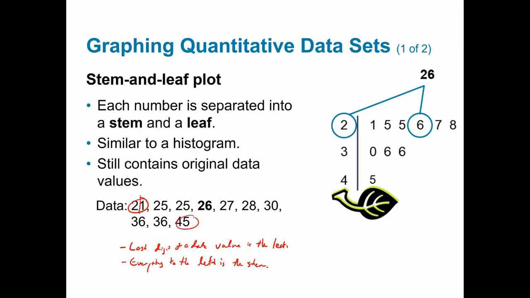You split it up, so whatever the last digit is, and you want everything to have the same number of decimal places. So if something was, say, 30.6, then everything in the tenths position would be my leaves.